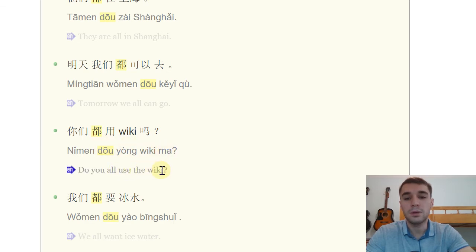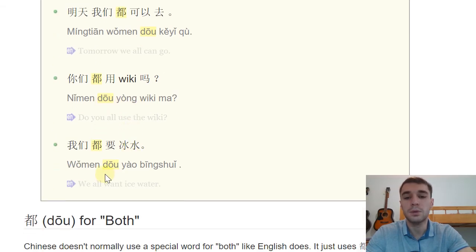Do you all use the wiki? So 都用, all use. 用 means use. 我们都要冰水, we all want ice water, cold water. 冰 means ice. If you want to say cold, you can say 冷水.